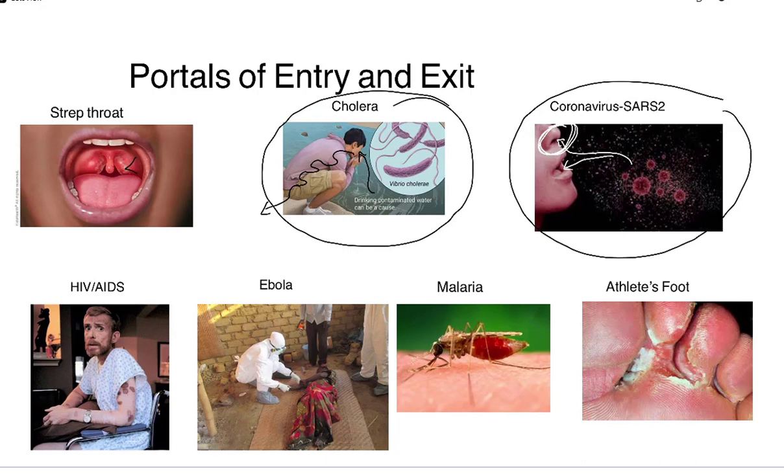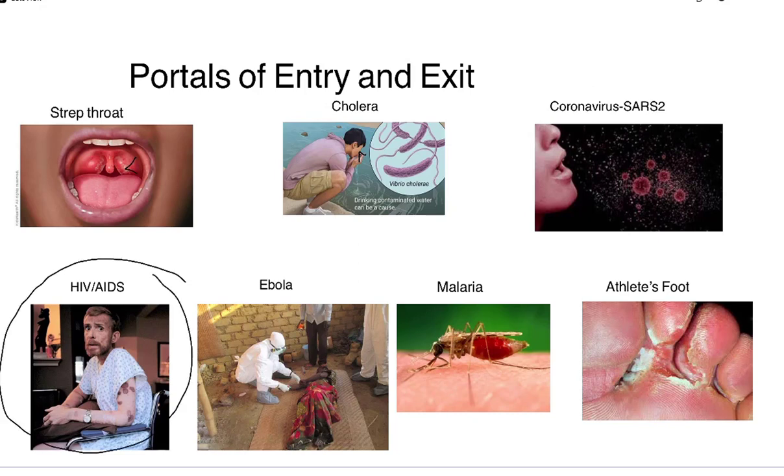Portal of exit is going to be the same places. So portal of exit is going to be saliva or nasal droplets. So saliva and nasal droplets are the portal of exit. There's some question about whether fecal matter, which can contain live virus, might also be a portal of exit. But in the United States, it's probably not a significant one, meaning not a significant way to transmit the virus from one person to another.